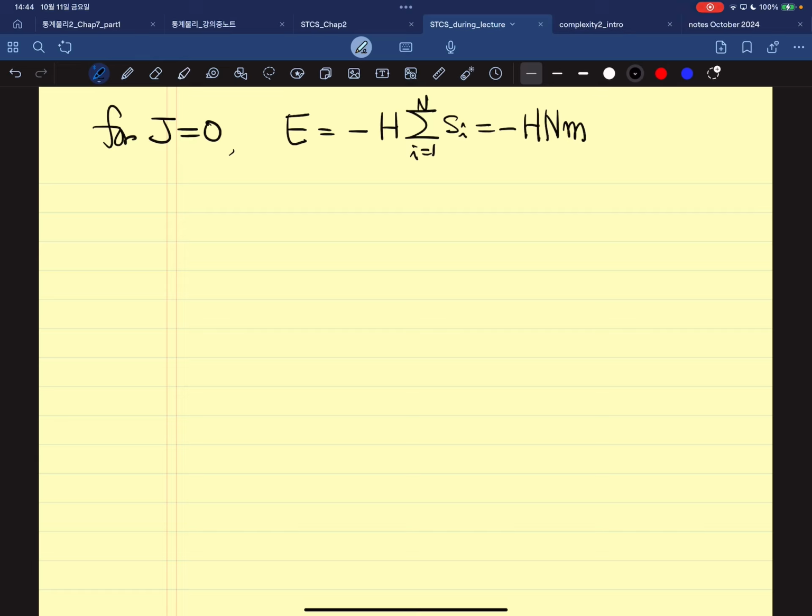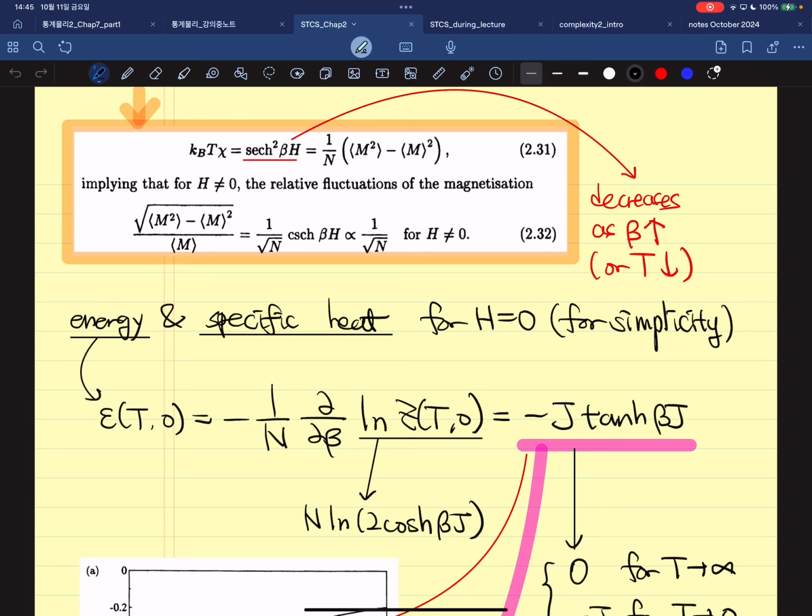And of course, this one is, we can take the average energy, I believe.